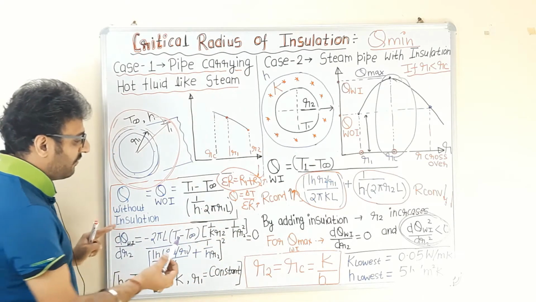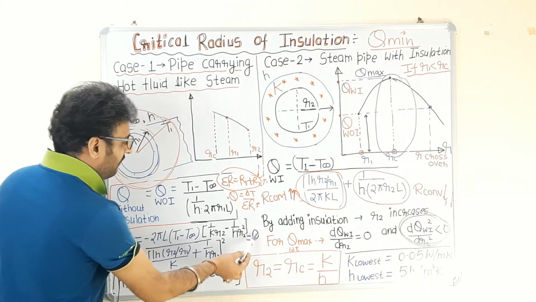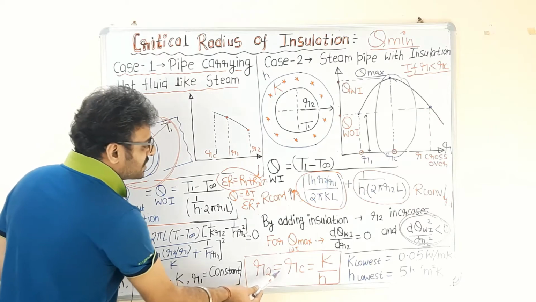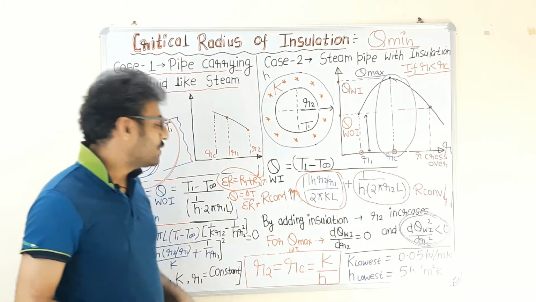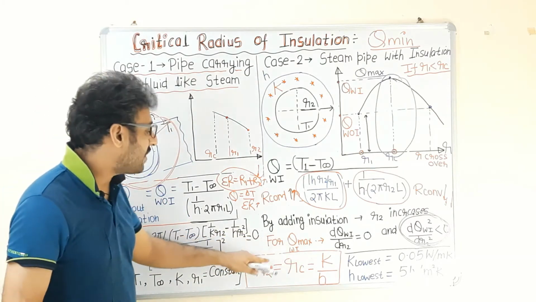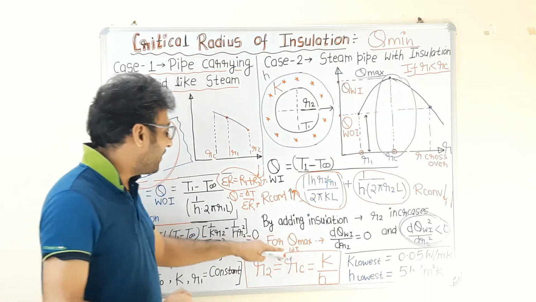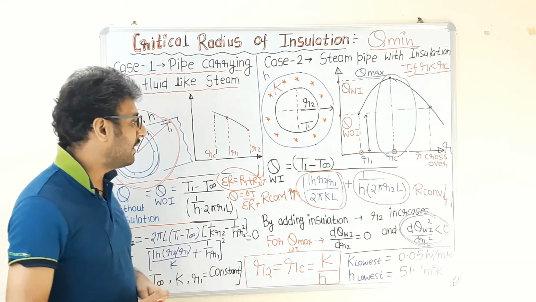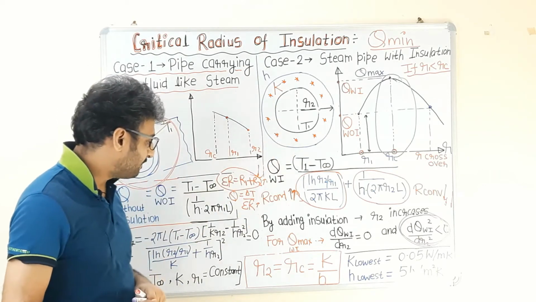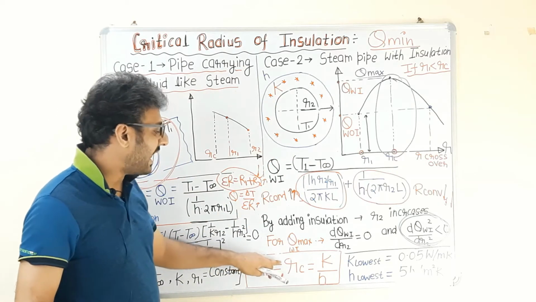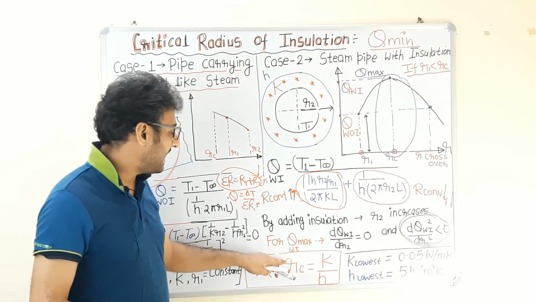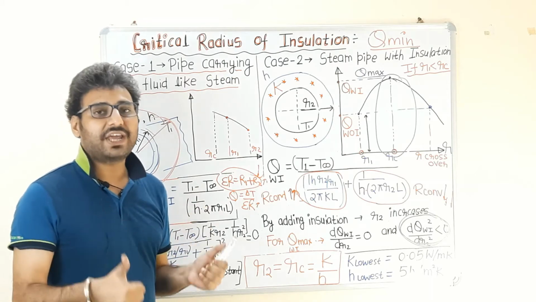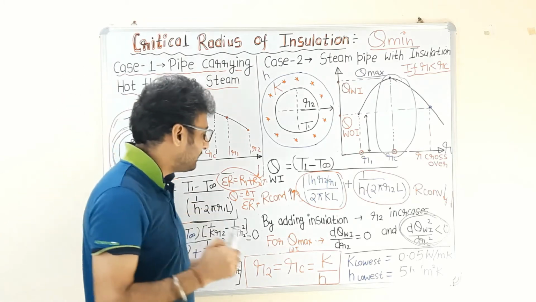After further solving, we will get our variable R2 equals K by H. So critical thickness of the insulation is the radius of the insulation for which heat transfer rate is maximum for our thermal system. Now R2 can be represented as RC, where RC is the critical radius of insulation.